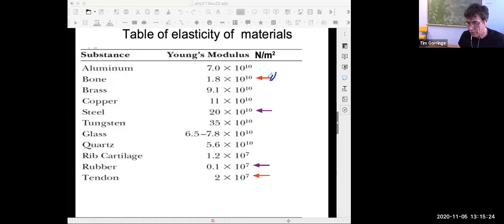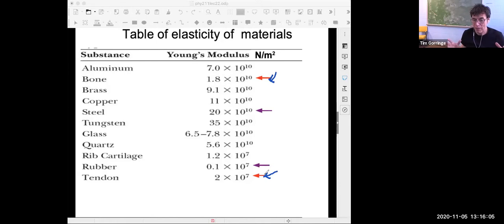Okay, so let's look at this guy, that's bone, and look at this guy, that's tendon. So you guys are all going to be doctors or physical therapists or physician's assistants or dentists. And so you know much more about bone and tendon than me. But I know I have bones and tendons. And I know that bones provide the rigidity and tendons provide a kind of elasticity in connecting muscles to bones.